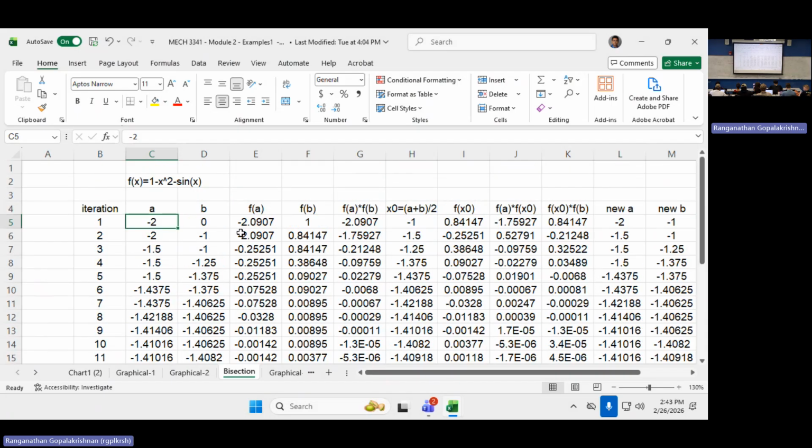Coming back to bisection method, this is the example I started off last time, and in this particular file, I have the bisection implemented. You can see here I started with a different guess between -2 and 0, and in the class we did 0 and 1, right? 0 and pi, 0 and pi.